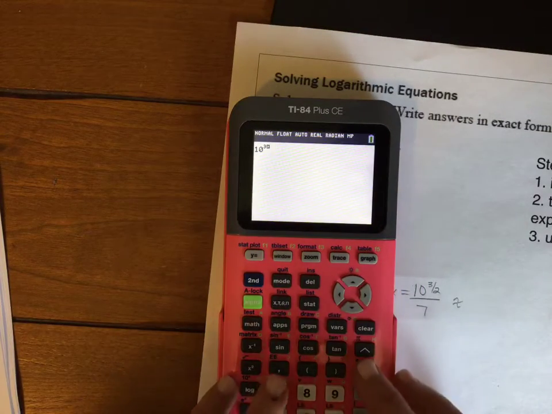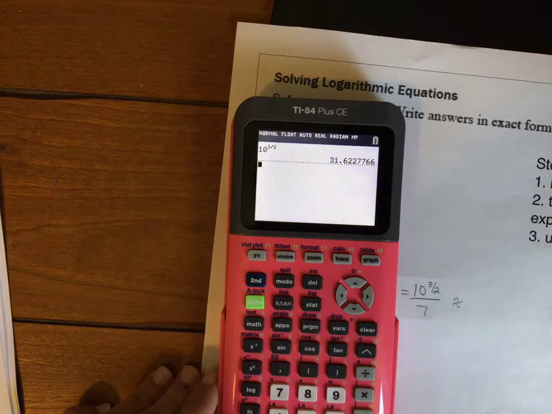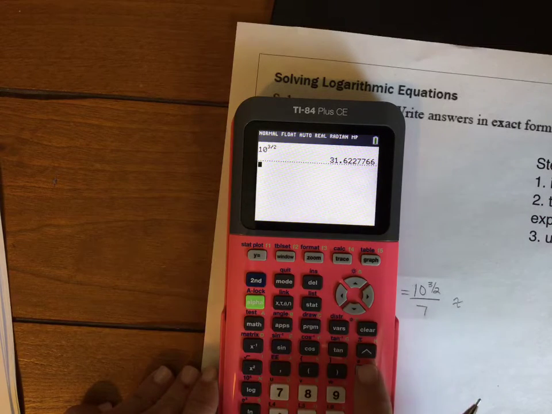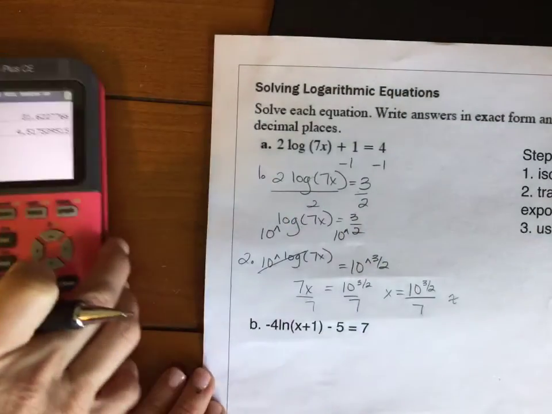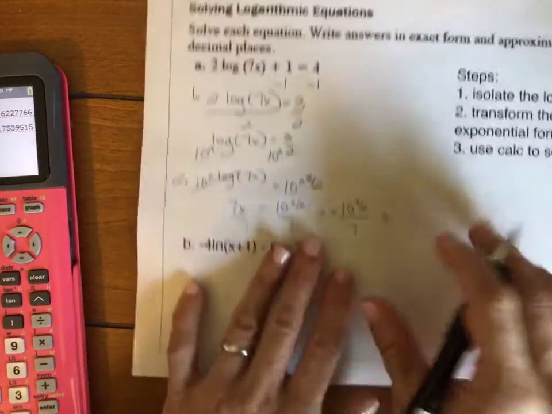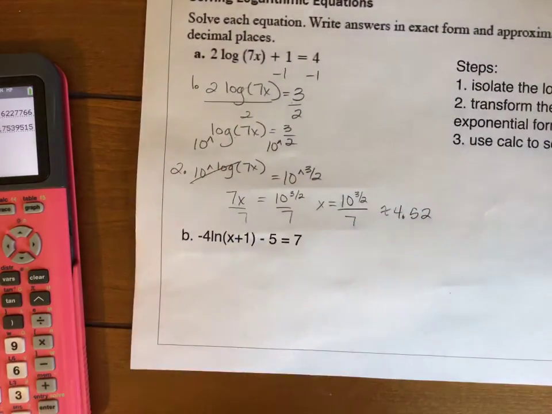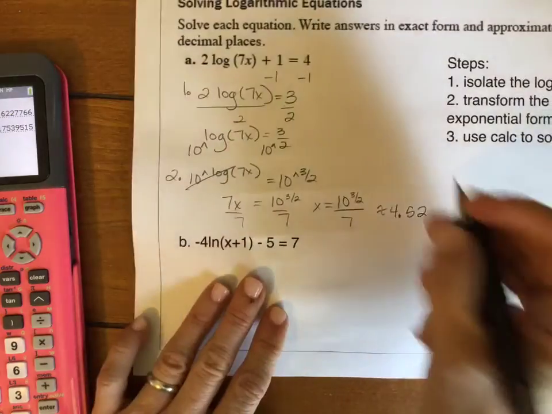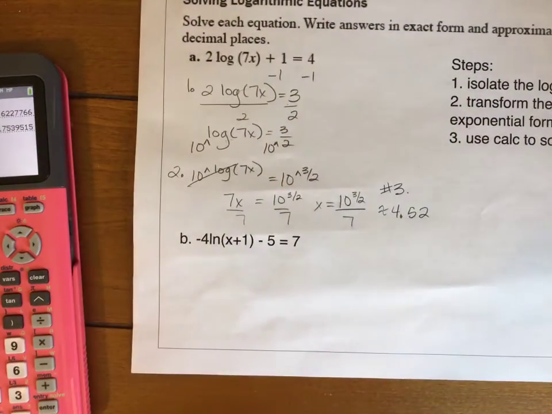I can put 3 divided by 2 up there. I'm going to hit enter, and then I'm going to divide by 7. So that is approximately 4.52. All right, and that was step 3. So this is step 3.